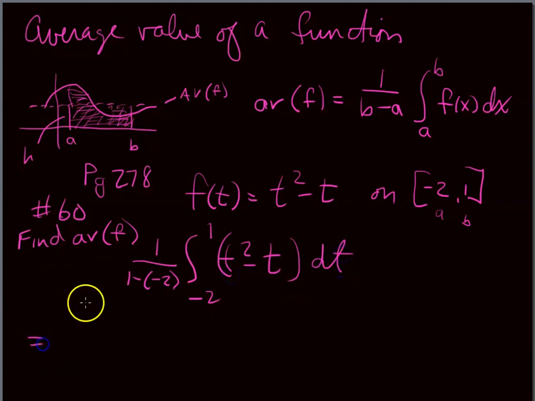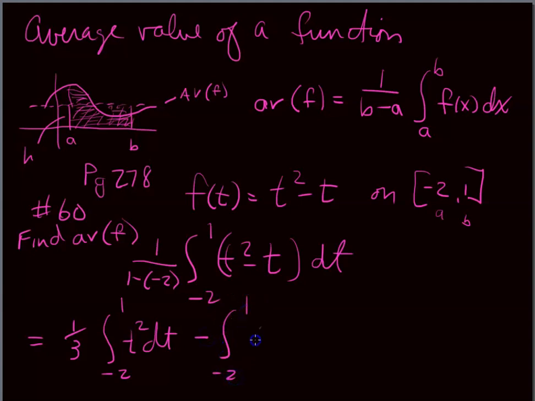Well, let's see. This is really 1 over 3. And the t squared minus t is really the integral from a negative 2 to 1 of t squared dt minus the integral from a negative 2 to 1 of t dt. Remember, this 1/3 is multiplying everything.